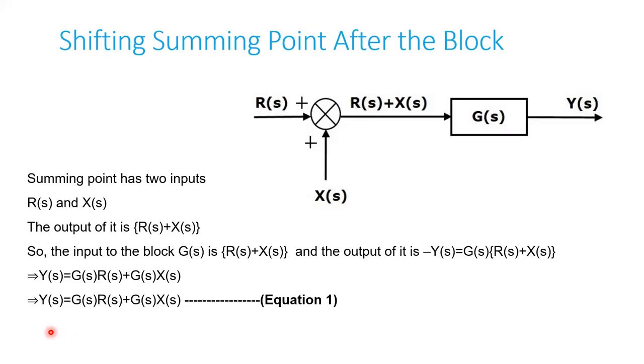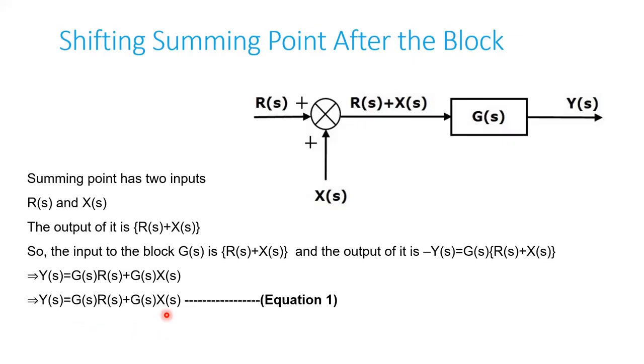So G(s) will be multiplied to R(s) and also to X(s): G(s) R(s) plus G(s) X(s). This is the original output of this block diagram, and we want to maintain this original output.